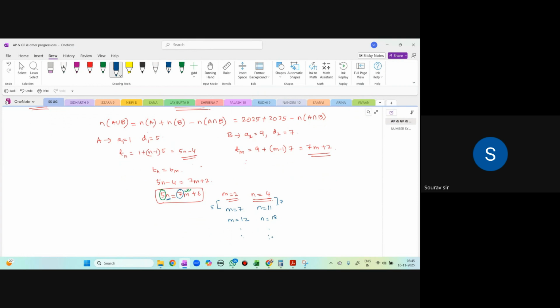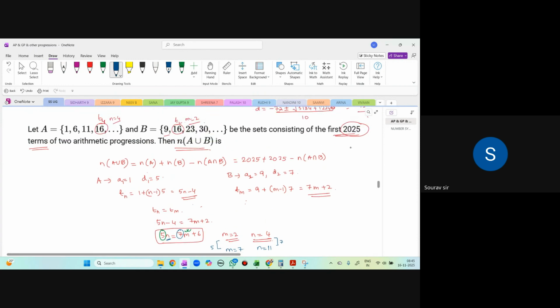Right? Now, I need to know how many terms I will have. For that, it is given that both the series will have 2025 terms. So for the first series, T2025 will be, putting n equal to 2025 directly, 2025 into 5 minus 4.